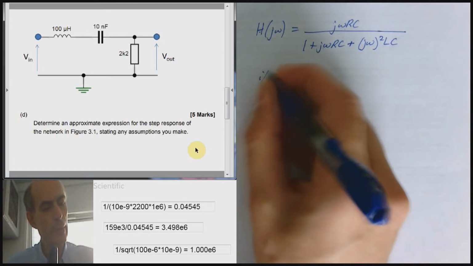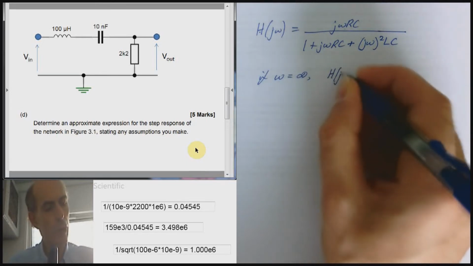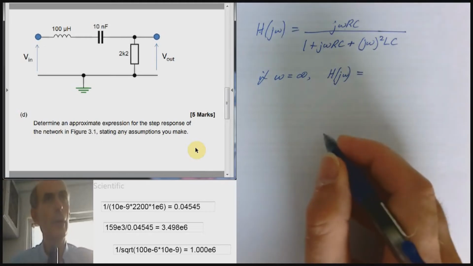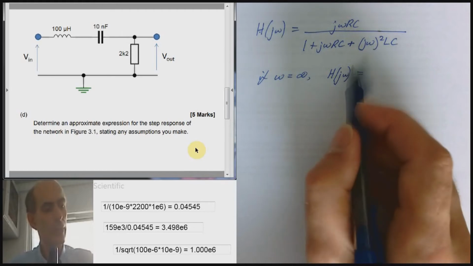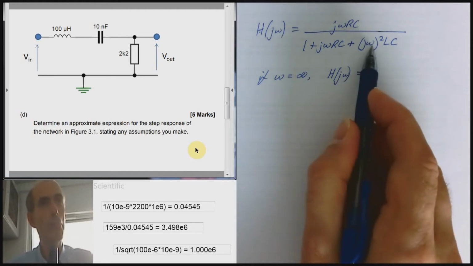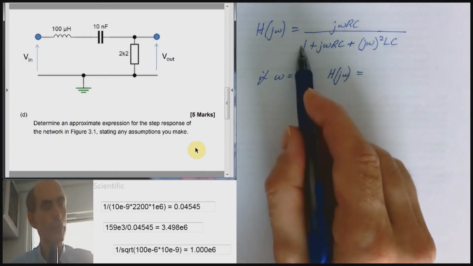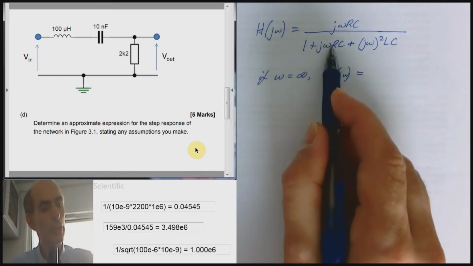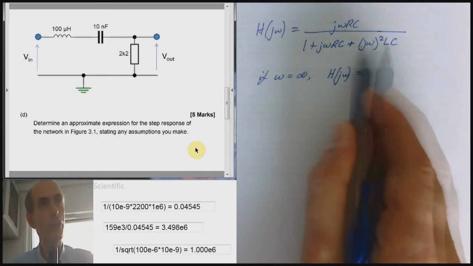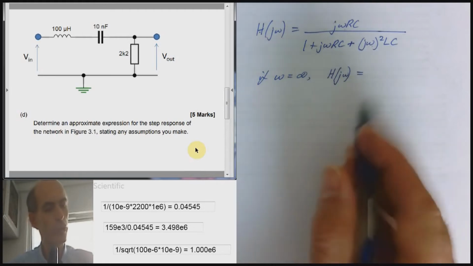So, if omega is set to infinity, H of j omega becomes, well, if j omega is very, very large indeed, then this term here is much, much bigger than this term, and much, much bigger than this term, so we can neglect these 2 terms in comparison with this term, since this term in omega squared will be much, much bigger than either of those 2.